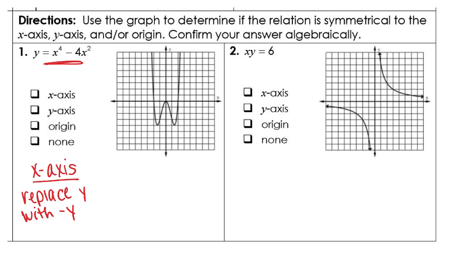If we replace y with negative y, that gives negative y equals x to the 4th minus 4x squared. That is not the same equation, because I would need to flip our signs to get y equals. It was not the same, so I know it's not symmetric with the x-axis.